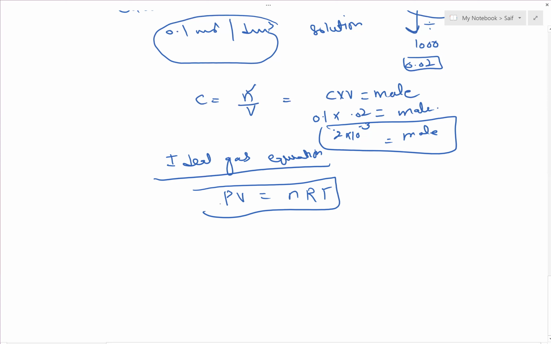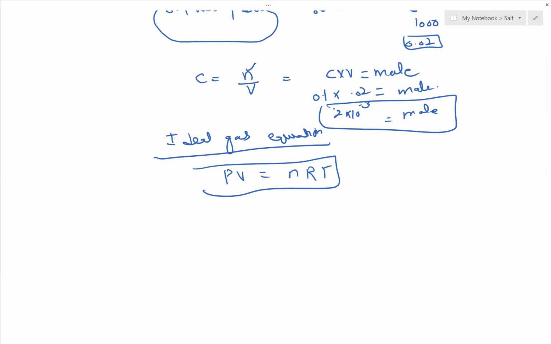Okay. Ideal gas equation is PV is equal to nRT. So if you want to find just the number of moles, what are you going to do? n is equal to PV divided by RT.